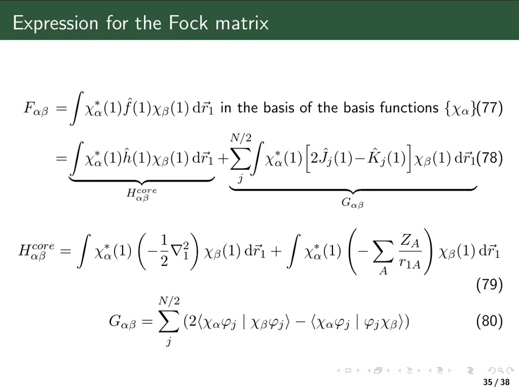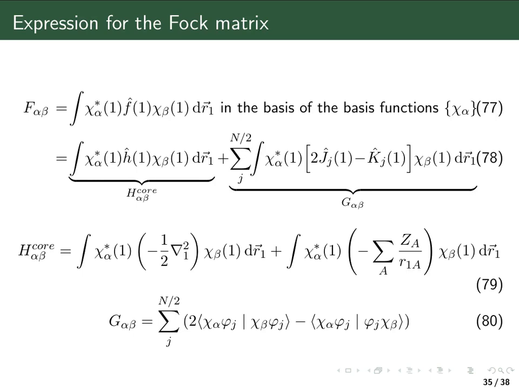Now if you look a bit more at this H matrix, the core interaction matrix, as I said, it's integrals over the kinetic energy operator and integrals over the operator representing the interaction between the charge of the electron and all the nuclear charges. And this G matrix consists of something which looks very much like a Coulomb and exchange integral.